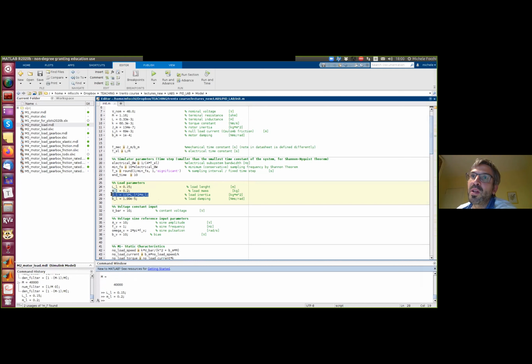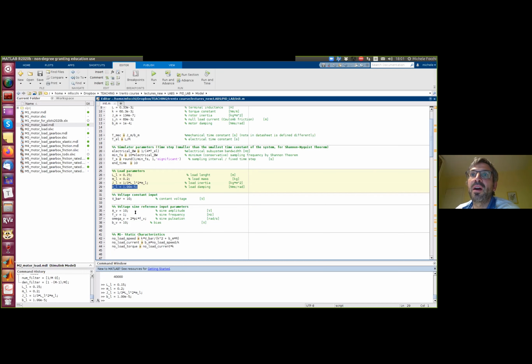If you remember, we will review this in the dynamics lecture, the inertia of a rod with a centered mass rotating around one of its edges is one third the length of the rod squared times the mass. This is just an equation that comes from the parallel axis theorem. We will see that. And this is the friction coefficient of the load.